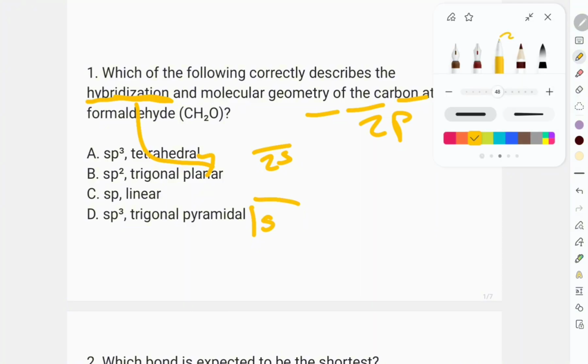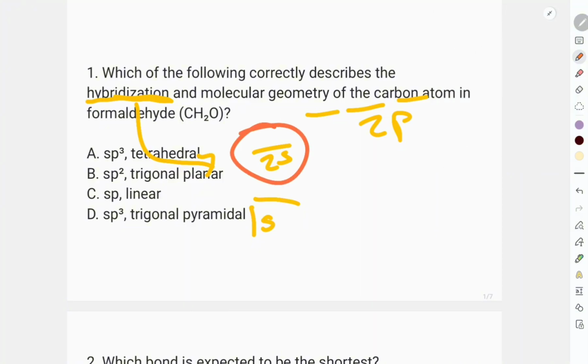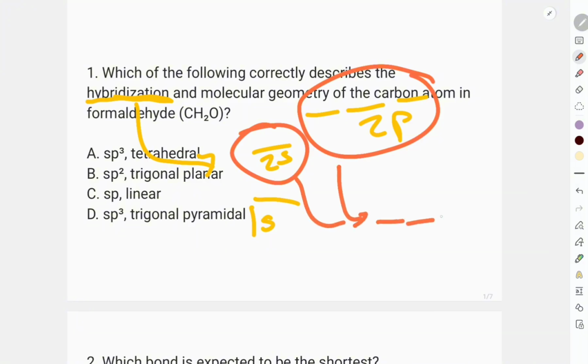In this case, this is the merging of the 2s orbital and the 2p, and they both combine to create a hybrid. I think it's called sp3. And there are many reasons why hybridization takes place. One of them is to create stronger bonds as well as more equal, or equivalent, bonds.